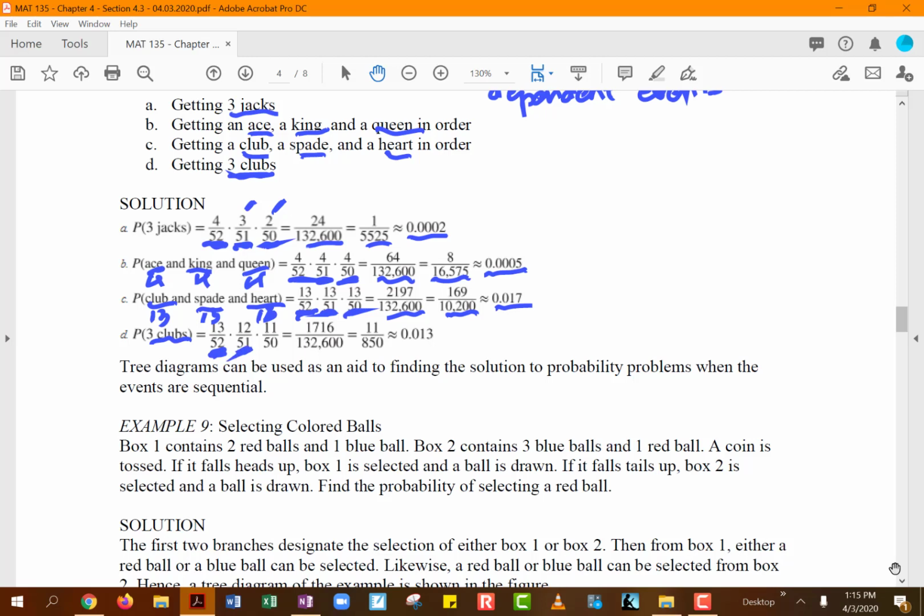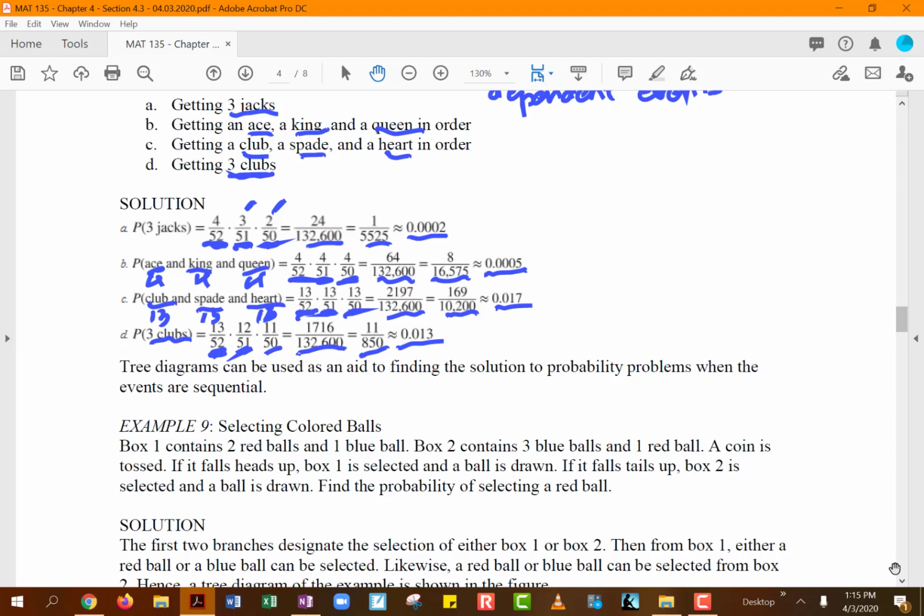This is the second clubs card that we're keeping out, so now you will only have 11 out of 50 for the third card as your probability. So when we multiply, we get 1,716 over, again, 132,600. Reducing that fraction gives you 11 over 850, or as a decimal, 0.013.